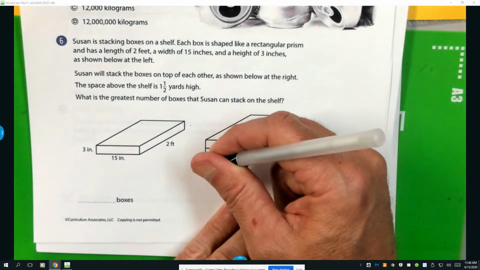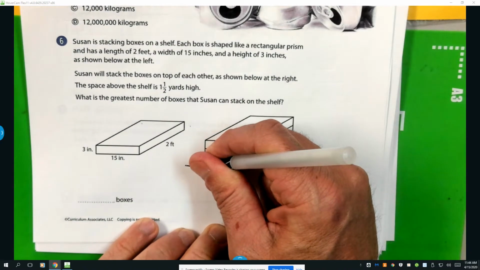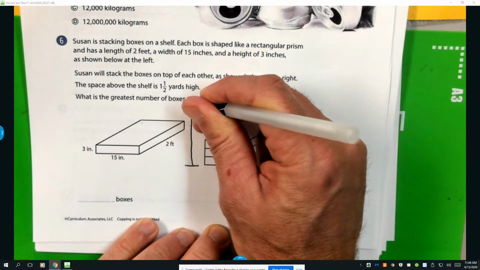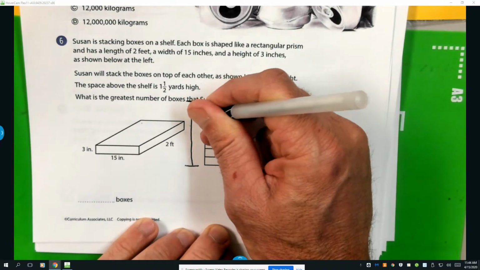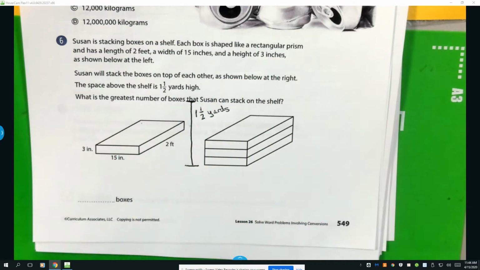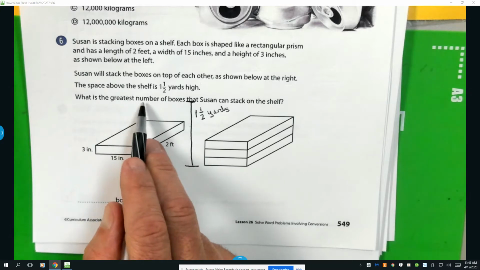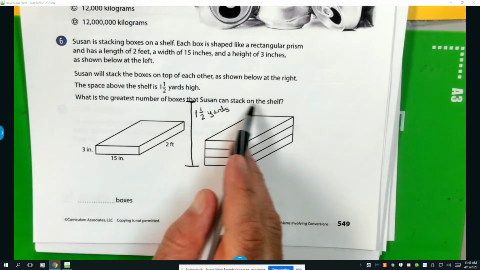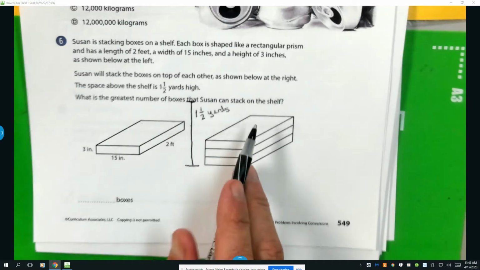So from the bottom of the shelf to the top of the shelf would be 1.5 yards high. Now let's go ahead and just look for some information. What is the greatest number of boxes Susan can stack on the shelf? So reading this, I've made sense of it.